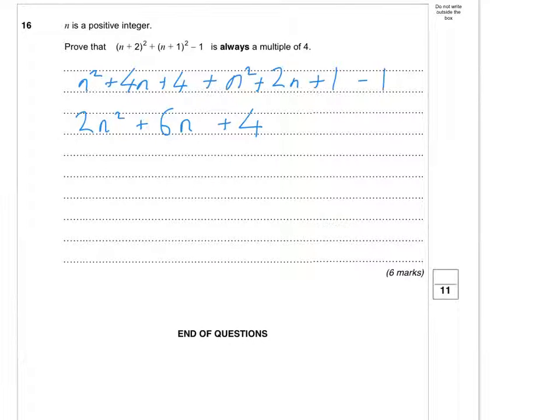in order to show that this is a multiple of 4, we need to show that this can be written as 4 times something. Okay, so I can see 2 as a common factor there, so I'll take 2 out as a common factor. 2 times (n squared plus 3n plus 2).